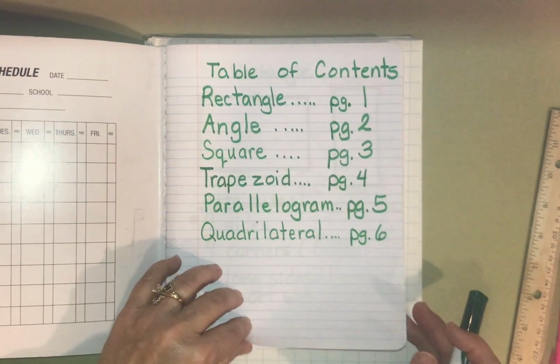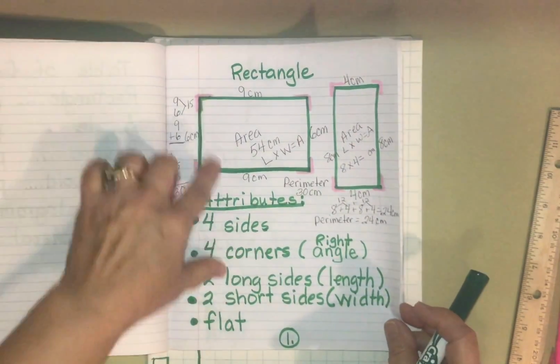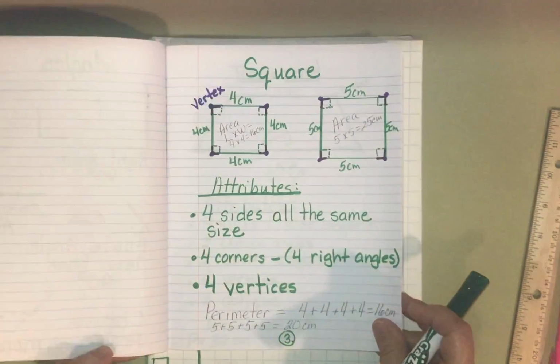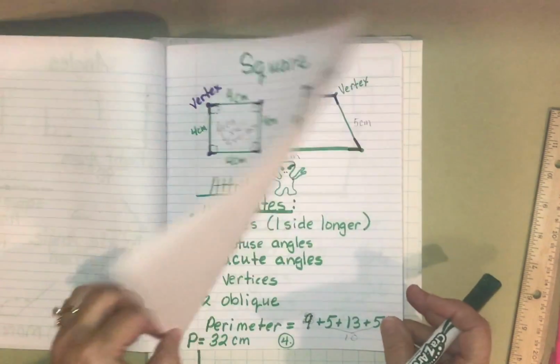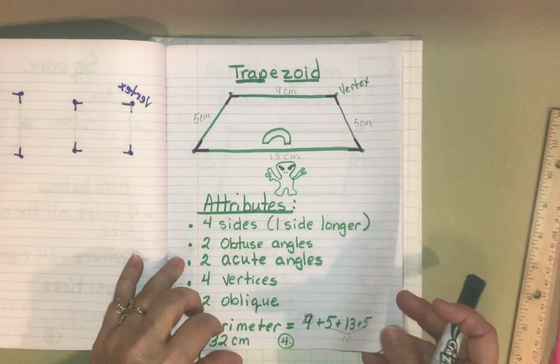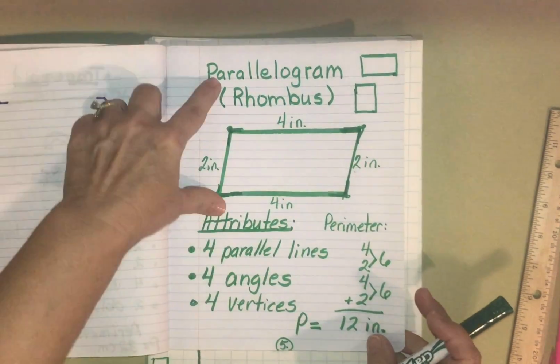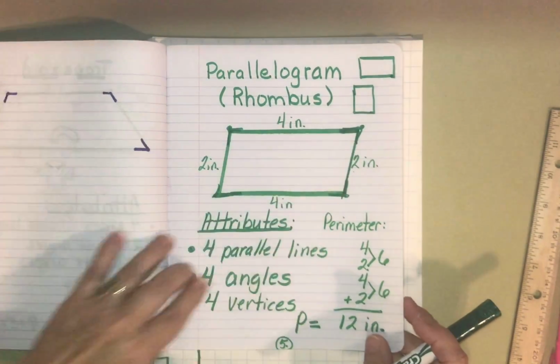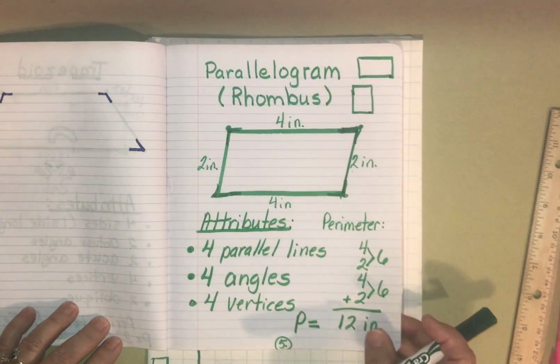Okay, so I'm going to go past. 1 was rectangle, page 2 was angles, 3 is squares, 4 is the trapezoid, and 5 is the parallelogram, and we used in particular the rhombus for the parallelogram. Okay, so today is page 6, so let's write that on the bottom.